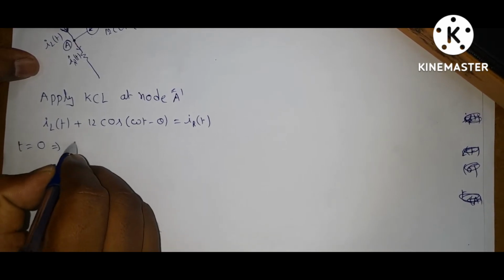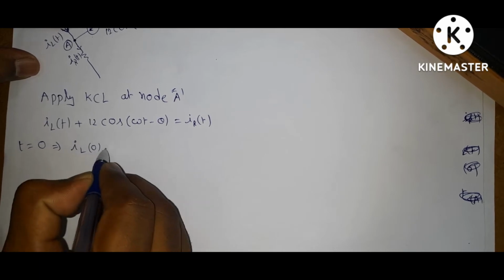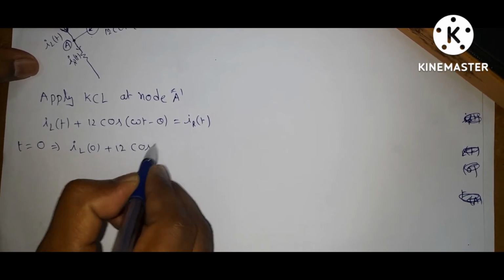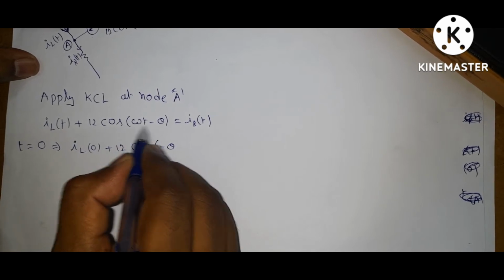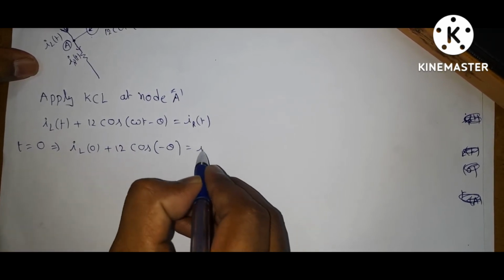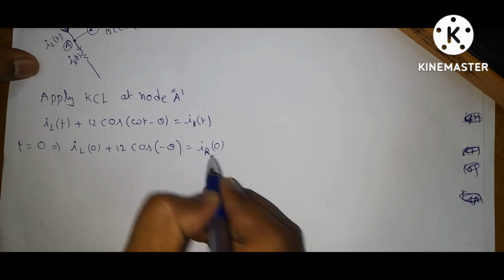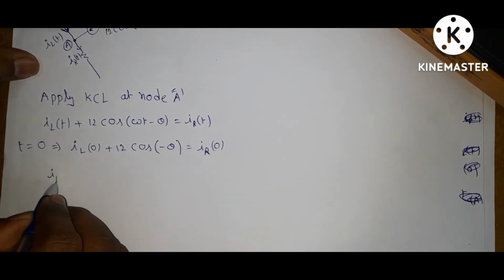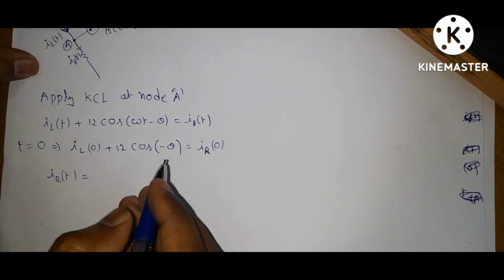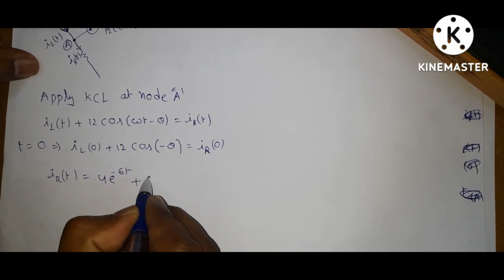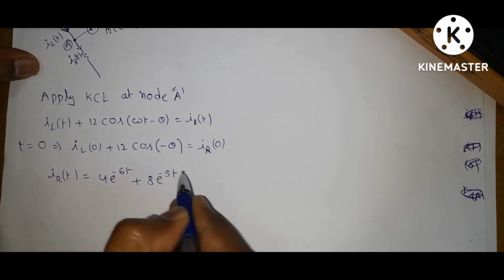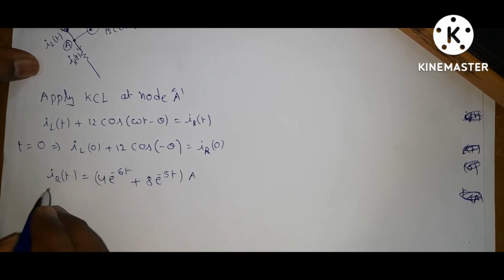So you will get IL of 0 plus 12 into cos of omega into 0, 0 minus theta is equal to IR of 0. IR of t is given as 4 e power minus 6t plus 8 e power minus 5t amperes.